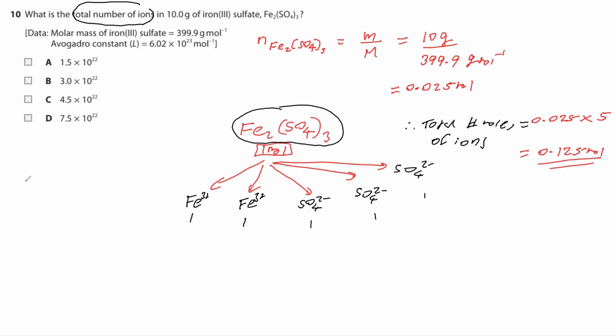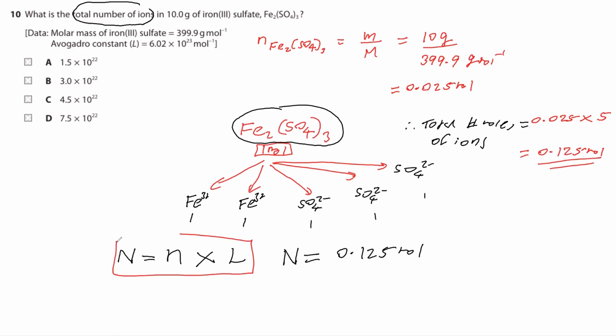To find the number of ions, there is an equation. Number of ions equals number of moles of ions times Avogadro constant. So number of ions equals 0.125 moles multiplied by Avogadro's constant, 6.02 times 10 to the power 23 per mole.